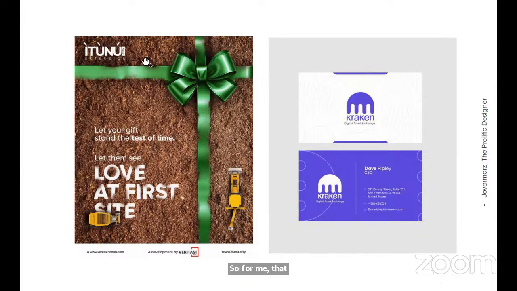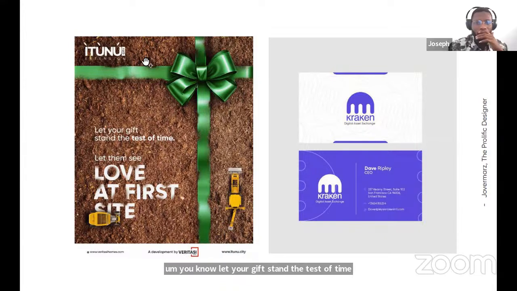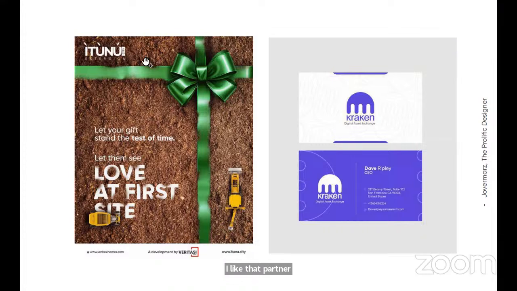Then another thing is I think it speaks of "let your gift stand the test of time." I think the best gift you can probably give a lifetime partner is land, because real estate, land is one of the gifts that might even stand more than any other thing. We're talking about land here.